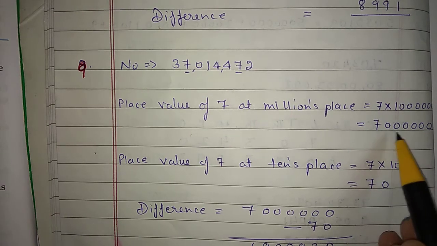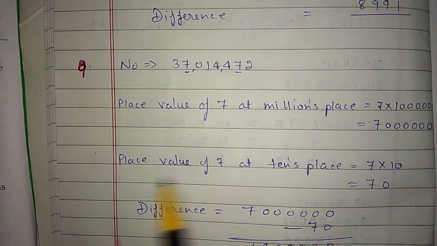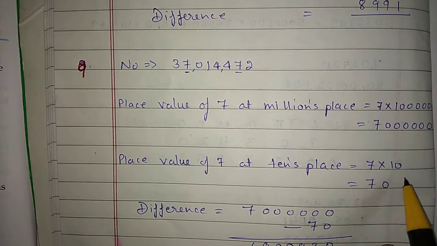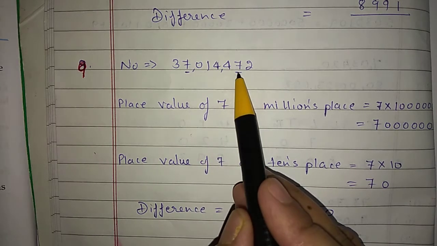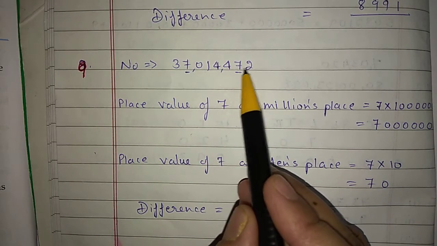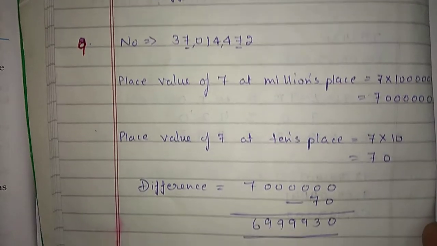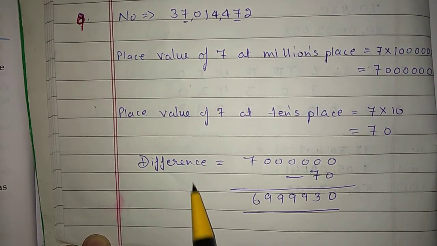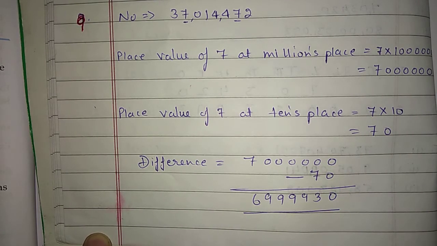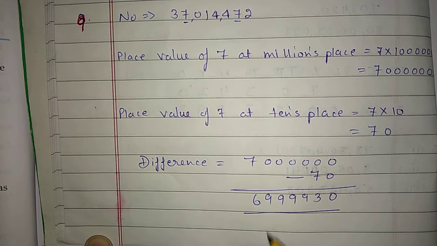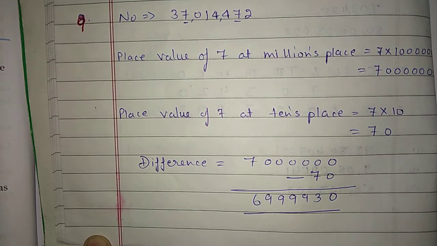It means after 7, 6 zeros will come. Then the place value for this second 7 will be 7 into 10, which means 70. Then we have to find out the difference between these two numbers. Finding the difference means doing the subtraction of these two numbers. After this you can write it in the international system.